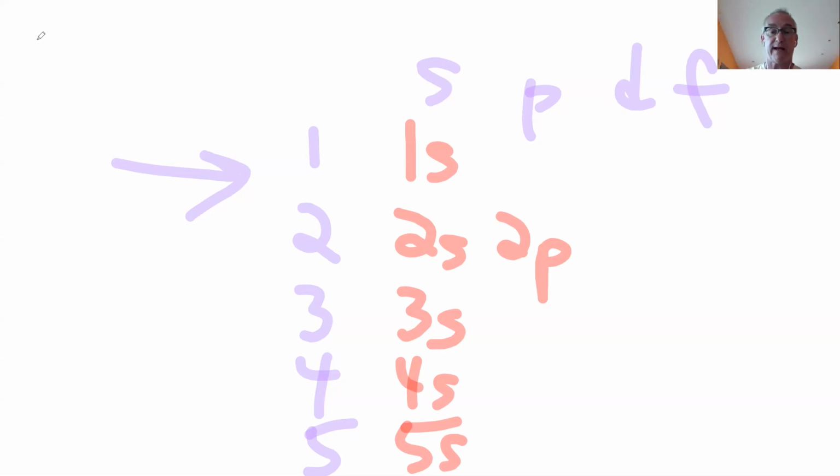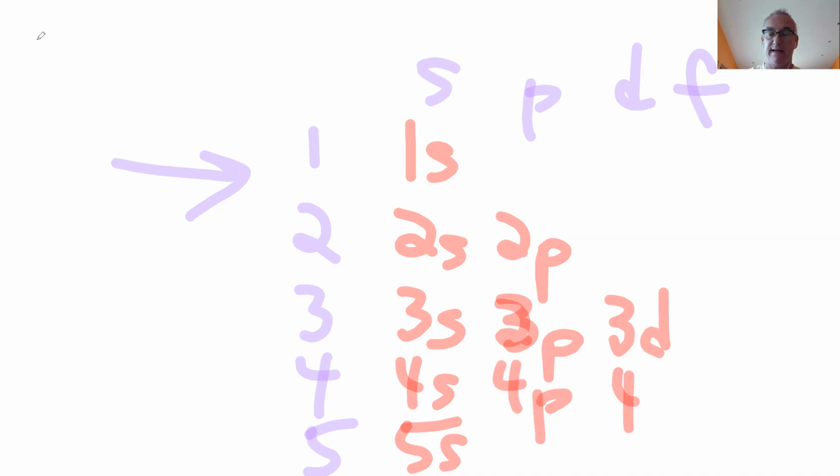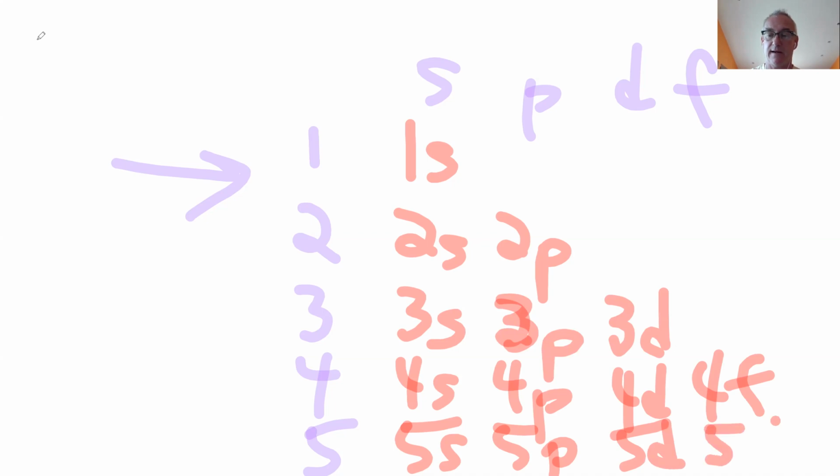There's more room for electrons. So 3 has s, p, and d. When we move down to 4, 4 has s, p, d, and f. And then 5 has s, p, d, and f.